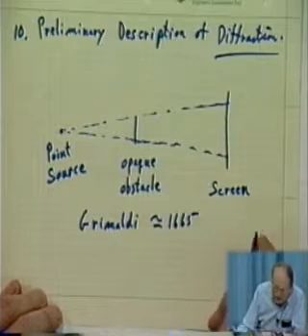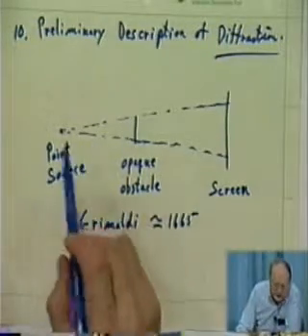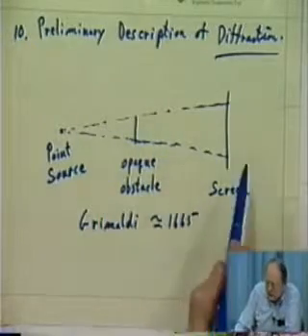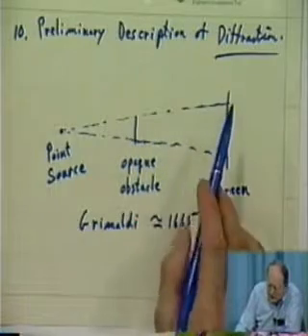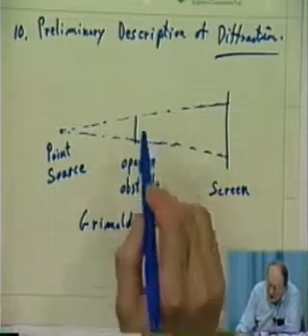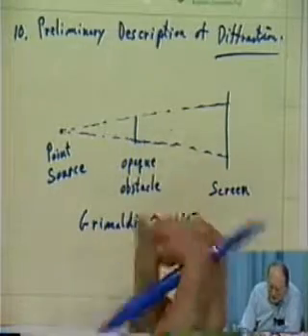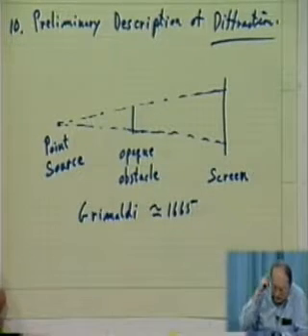And kind of the conclusion is that the light really doesn't propagate quite like what geometrical ray optics says it should, and that the direction of propagation here is somewhat affected by these boundaries here. And this deviation from the prediction of geometrical optics is what we call diffraction.